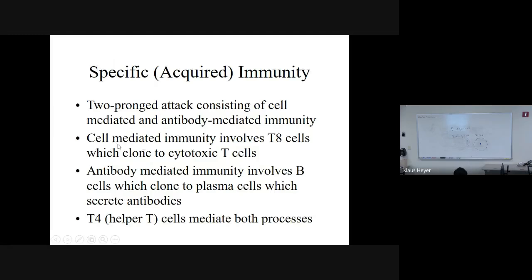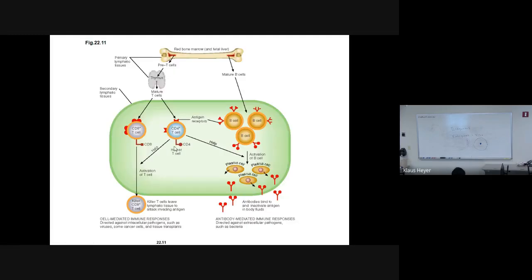We're going to talk about the process by which that happens. The antibody side, this right side here, involves B cells. When they get stimulated in the right way, they're going to become plasma cells. Plasma cells are going to secrete antibodies. We're going to talk about that.